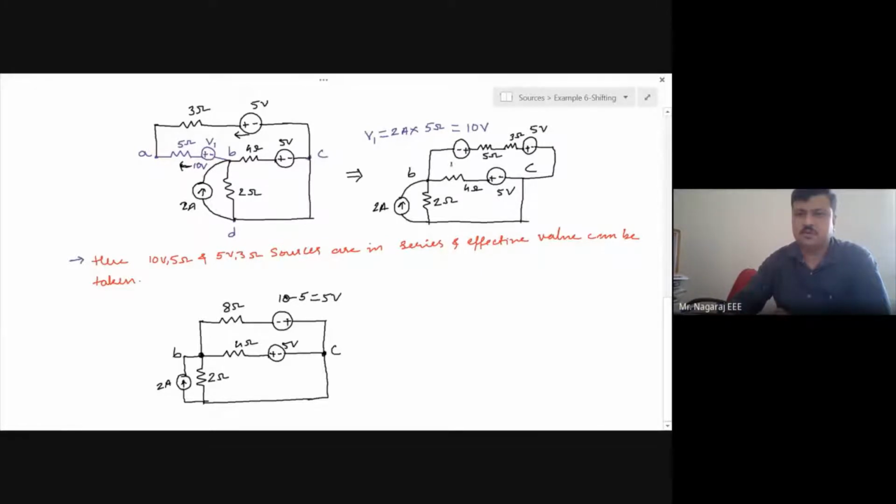This is 5 ohm and 10 volts. Now I think it is clearer than the direct circuit. Now 10 volt is towards right and 5 volt is towards left.